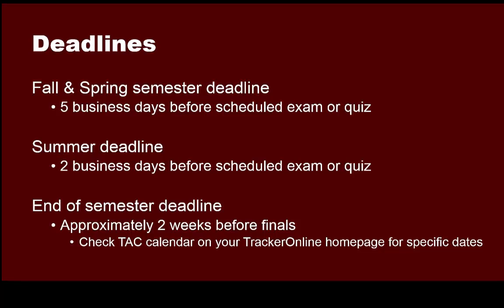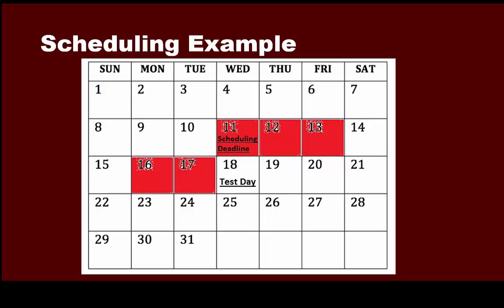An example of scheduling in regards to the 2 or 5 business day deadline. If your instructor is giving your class the exam or quiz on a Wednesday in the fall or spring semester, you must submit your exam/quiz schedule form on the Wednesday before the exam or quiz.